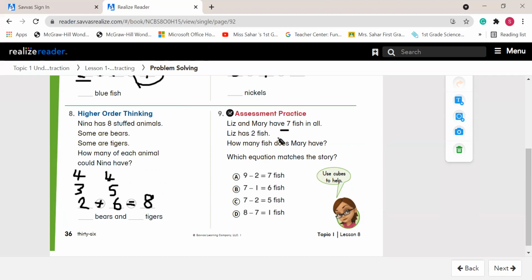One will have 2, and the rest will be with Mary. So is it A, 9 minus 2 equals 7? Or B, 7 minus 1 equals 6? Or C, total 7, 1 addend 2, so what's left is 5? Or D, 8 minus 7 equals 1? All right.